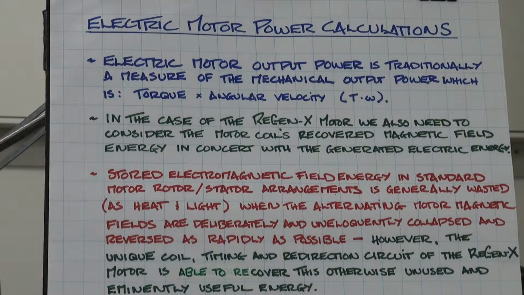Stored electromagnetic field energy in standard motor rotor stator arrangements in conventional motors is generally wasted as heat and light when the alternating magnetic fields are deliberately and uneloquently collapsed and reversed as rapidly as possible.